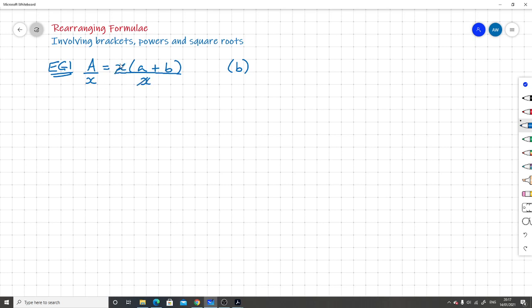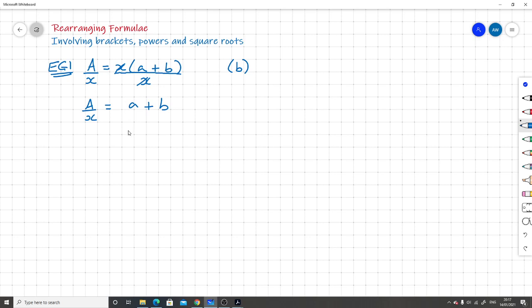It turns it into 1. x divided by x is 1, and 1 times (a plus b) is of course just a plus b. So that gets rid of the x, because it's x multiplied by all of this. So if we divide by x, we cancel out the multiplying by x, as we've said previously when solving equations in the last video. So now all we need to do is get rid of the a.